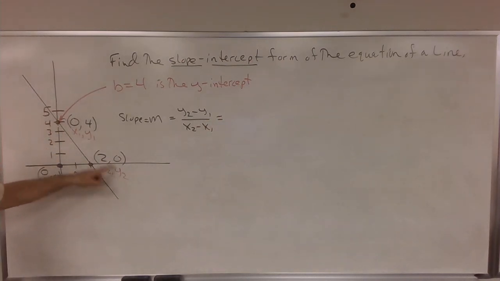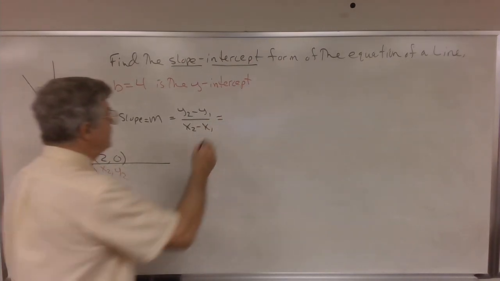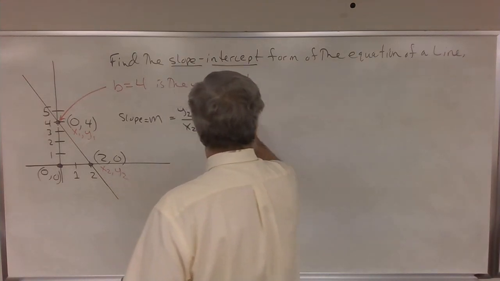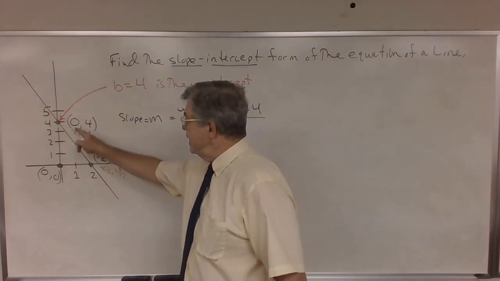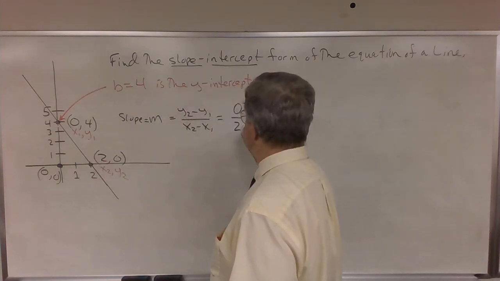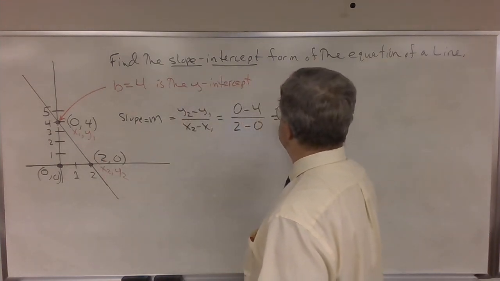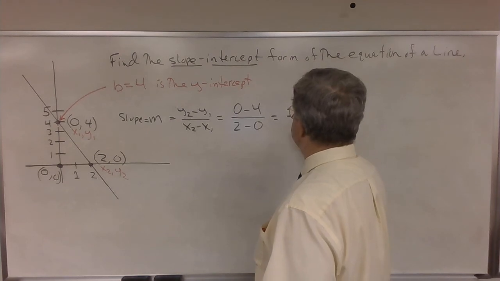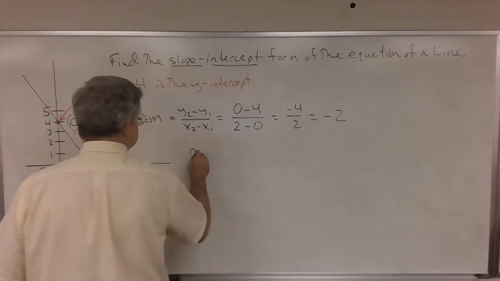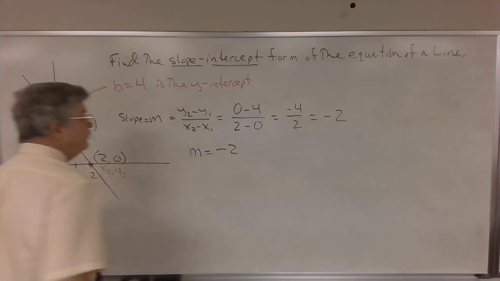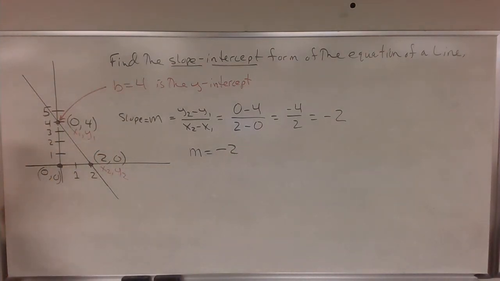So y2 is 0, y1 is 4, and x2 is 2, x1 is 0. So our slope is negative.